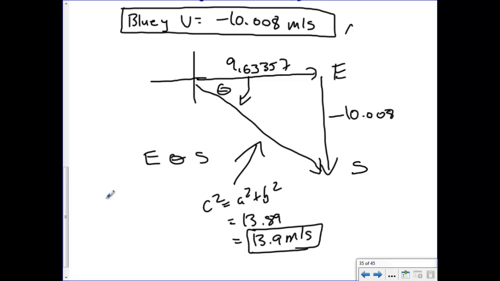Adjacent. I got 46 degrees is this angle basically, 46.1. Does that work? So final answer, 13.9 going east, but then dropping down by 46.1 degrees to the south.